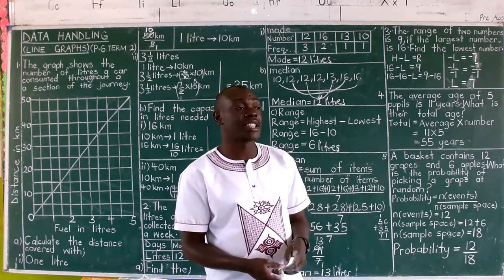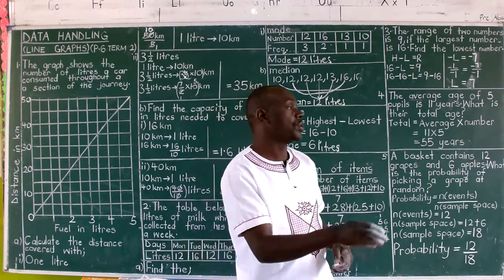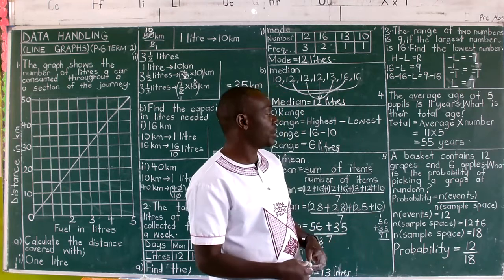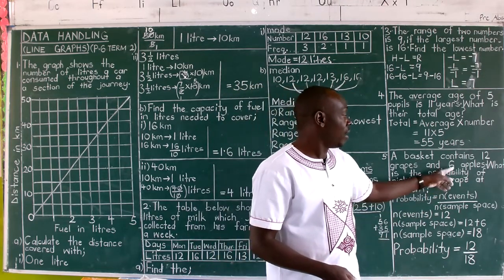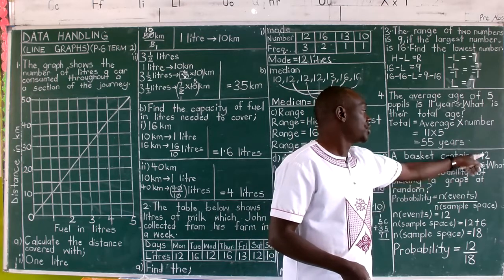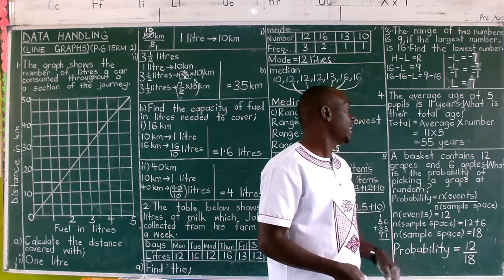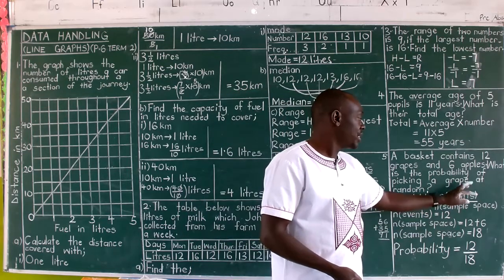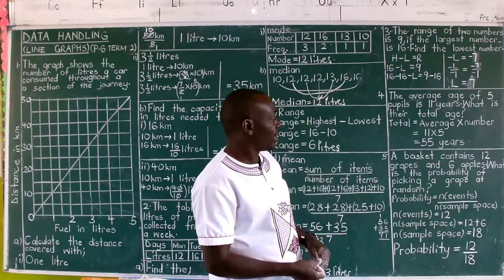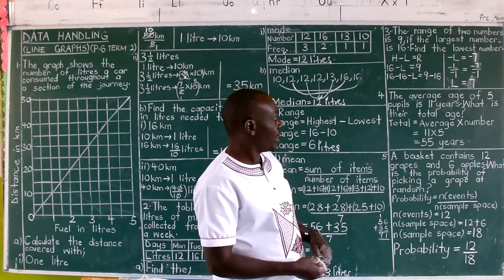We said the sample space means the total of whatever is talked about. So they're talking about these 2 kinds of fruits. And now we add the grapes and the apples to get the sample space number. Then the number of events is those things asked in the question.